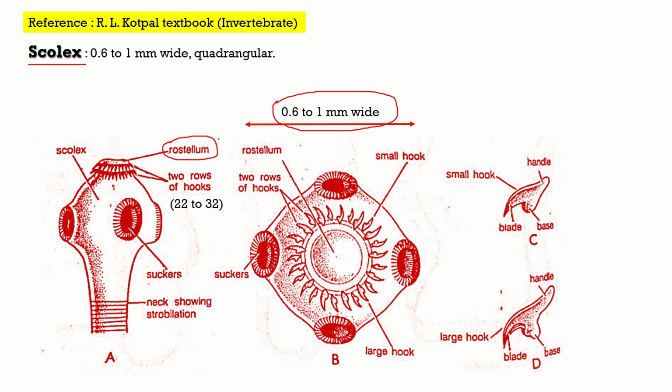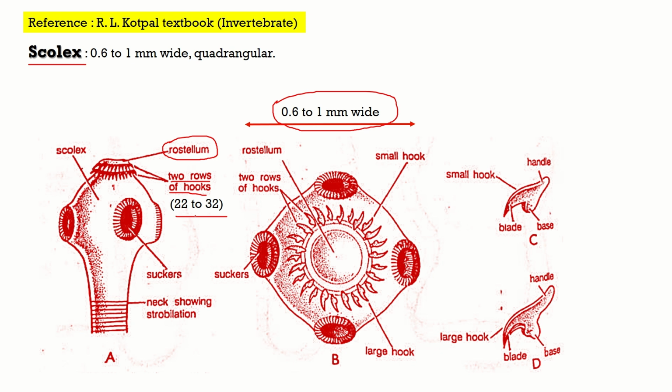The rostellum has 22 to 32 curved chitinous hooks arranged in 2 rows.